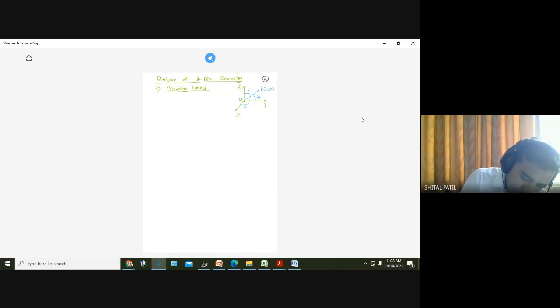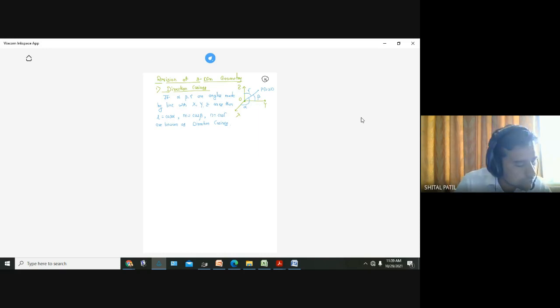Start. If alpha, beta, gamma are angles made by a line with x, y, z axis, then cos alpha, cos beta, cos gamma are known as direction cosines.